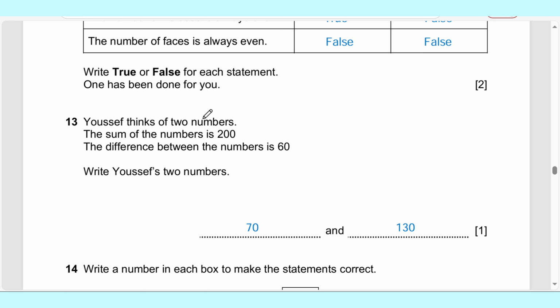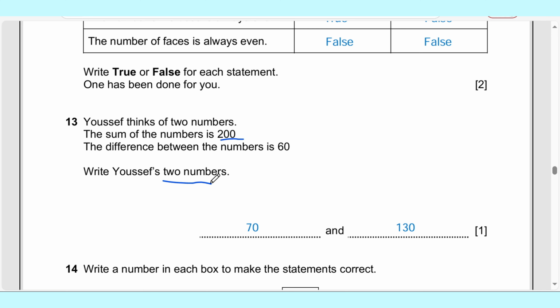So we have to know that the sum is 200, and there are two numbers, so we can start from, say, 50 and 150, but the difference in here is 150 minus 50, which is 100, but we want the difference to be 60, so we increase this one to 60 and this one decreases to 140.